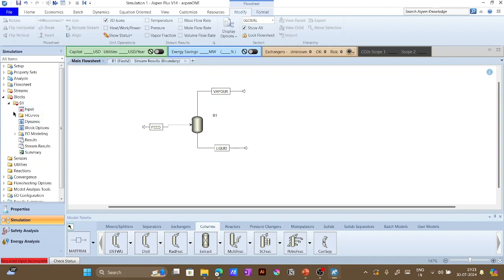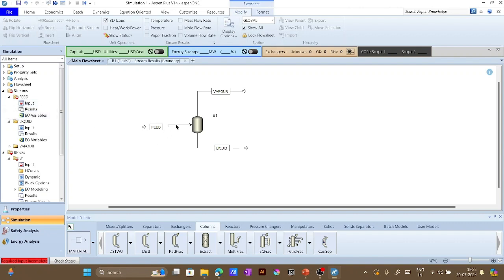Now you can see here a stream folder is also generated, where all these three streams are present, and for each of them you can see input and result, right? Let's say feed. You can see here that a half red circle is shown, which marks the blocks or streams where you necessarily have to provide an input.